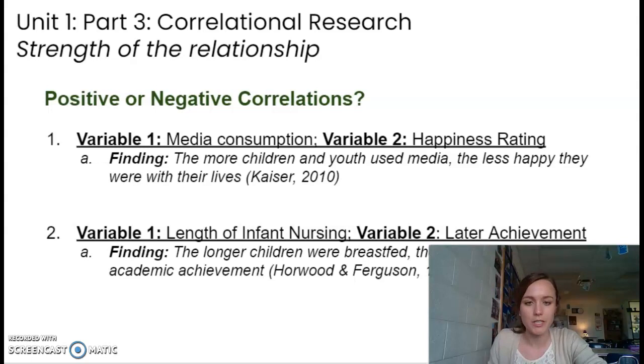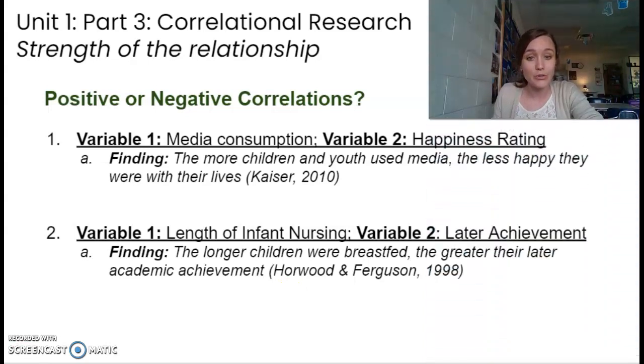In example number 1, your first variable is media consumption. The second variable is happiness rating. The finding was that the more children and youth used media, the less happy they were with their lives. I want you to think about whether that's a positive correlation or a negative correlation.